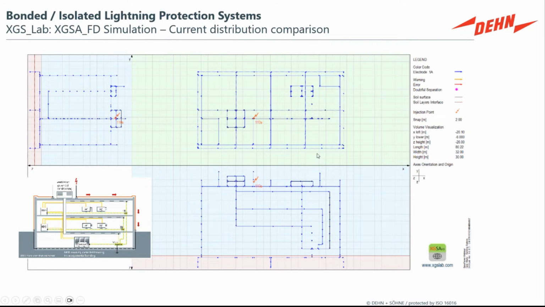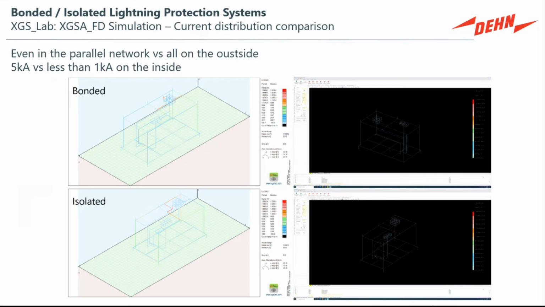And what we find is that if lightning is coupled into the entire grounding system, you get much higher currents at the distribution center. It might be a little difficult to see on the black versus white screen, but we can actually simulate those currents.